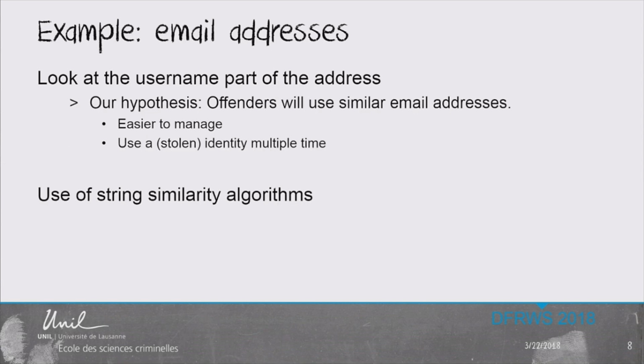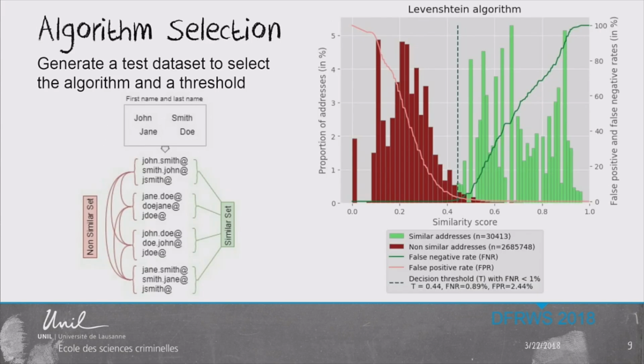Another example is the case of email addresses. What we observed is that in some cases, we had close email addresses that vary only by few characters. So maybe it's because for criminals it's easier to manage, or because they can use the same identity multiple times. So anyway, we decided to look at the username part of the address and do some string similarity computation. So we needed to select an algorithm to do this.